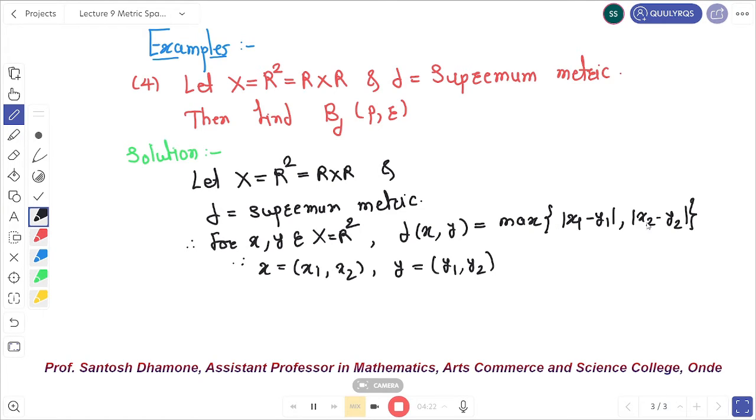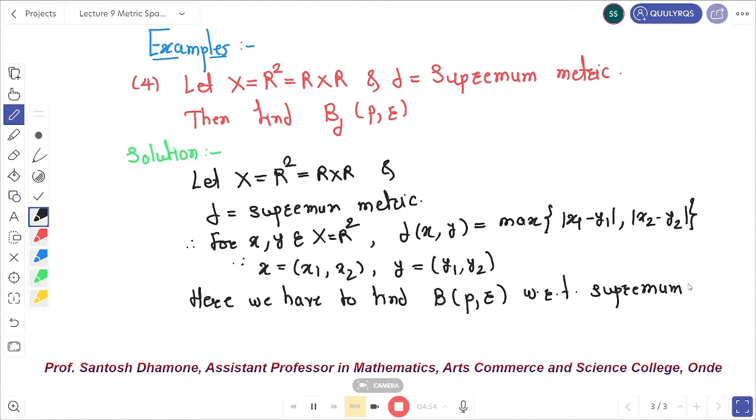Okay, now we have to find the open ball about p with radius r with respect to the supremum metric.